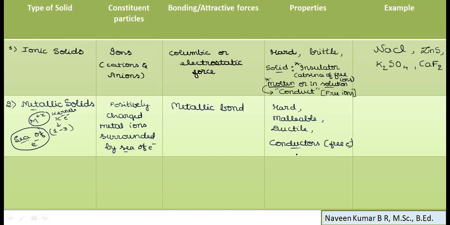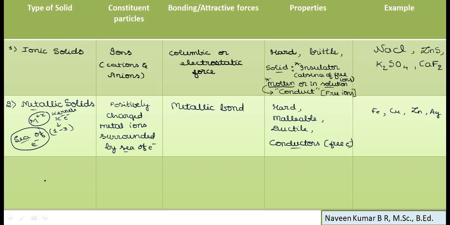They are very good conductors. Any metal you can give as an example. You can give iron, copper, zinc, magnesium, silver, etc. Any metallic solid, any metal, can be taken as an example.